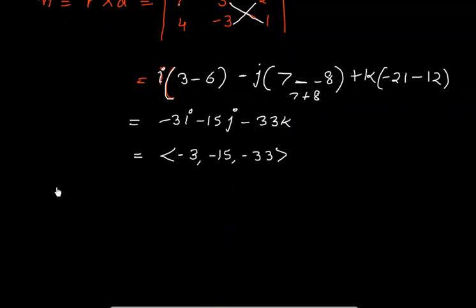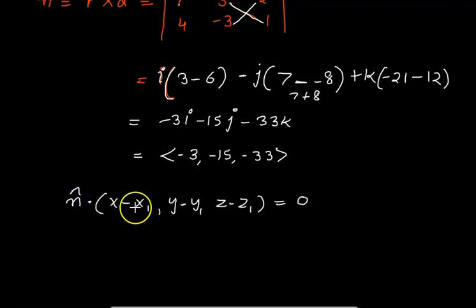The formula for the equation of the plane is the dot product of the normal vector and the components x minus x1, y minus y1, z minus z1. x1, y1, z1 are the point through which the lines are passing. You can choose any point from the two lines.